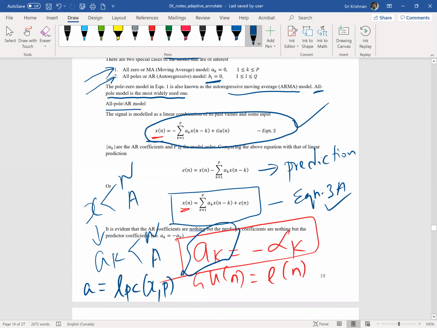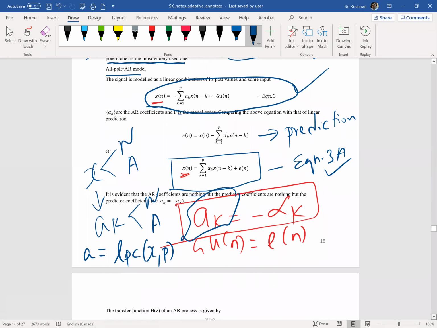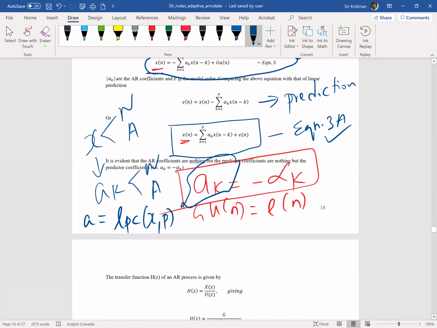Those features were extracted, but it was very hard to tell whether they represent signal x, because they were derived from signal x. Also, from the features which we extracted before, you cannot reconstruct the signal back. Whereas in this case, you give me your a's, I can reconstruct the signal back. Signal reconstruction is also possible. That's why this is such a powerful approach.